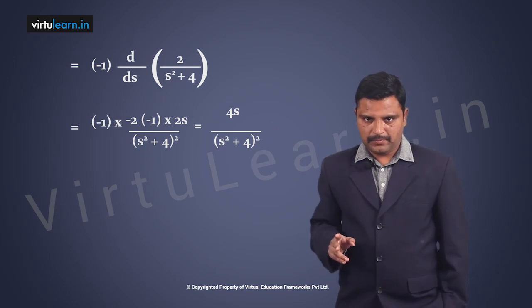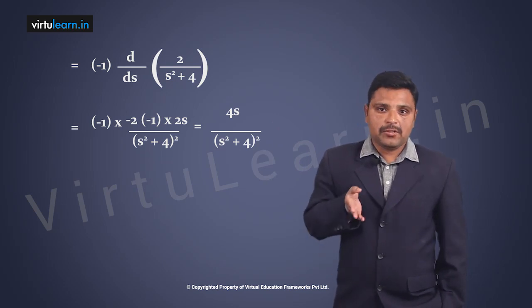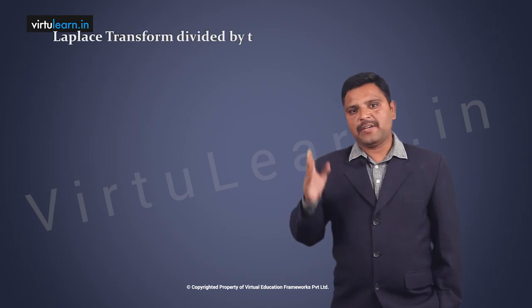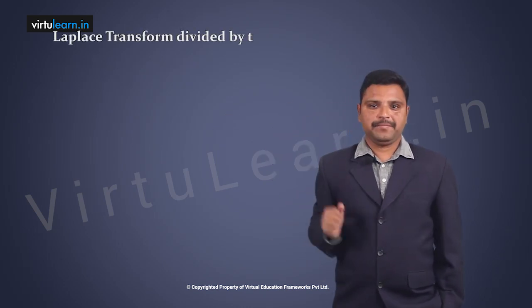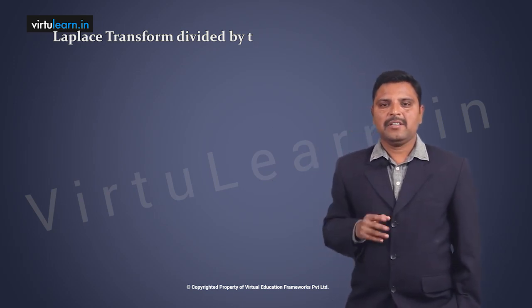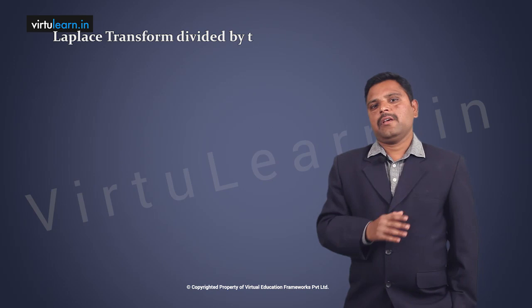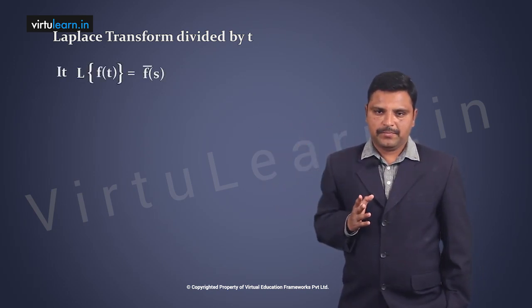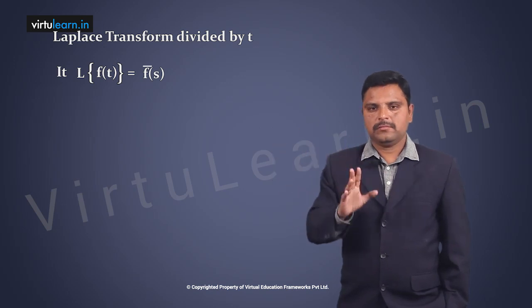Now the next topic: the Laplace transform of f of t which is divided by t. Then what is the answer? The statement once again, take the same thing. Laplace transform of f of t equals f bar of s. This is a known thing, right?